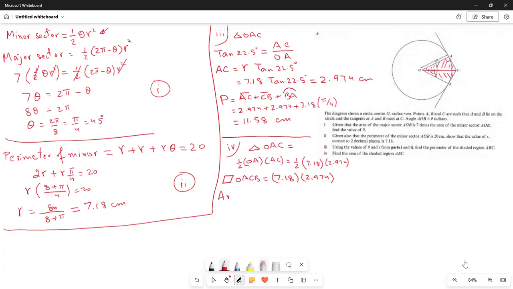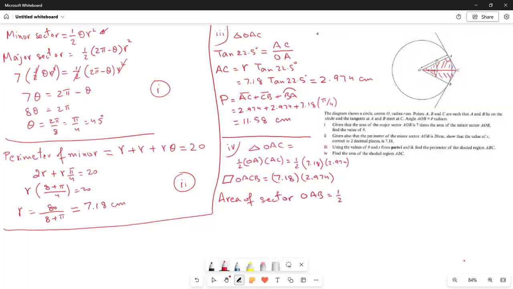Let me do this thing first. What is the area of this sector OAP? So this area is, as I said before, area is half theta r squared.